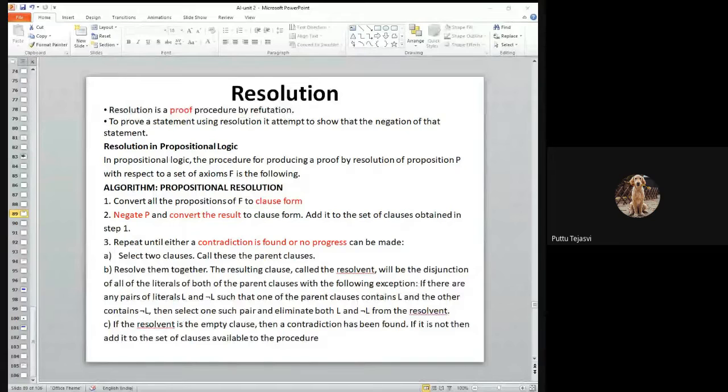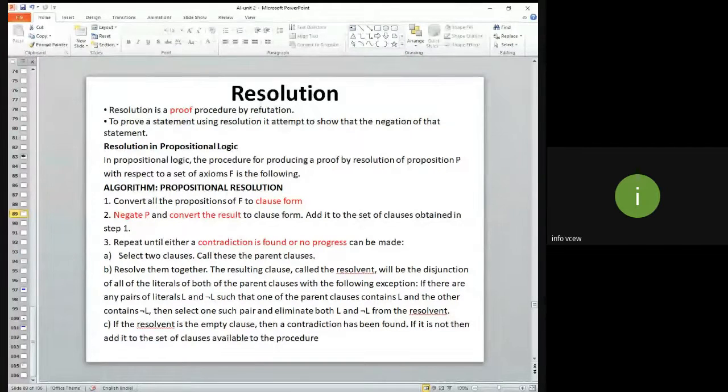It is like proving a statement, proving something wrong. That is refutation. So resolution is a proof procedure for refutation, meaning you want to prove something is wrong. That is the resolution in propositional logic and predicate logic.